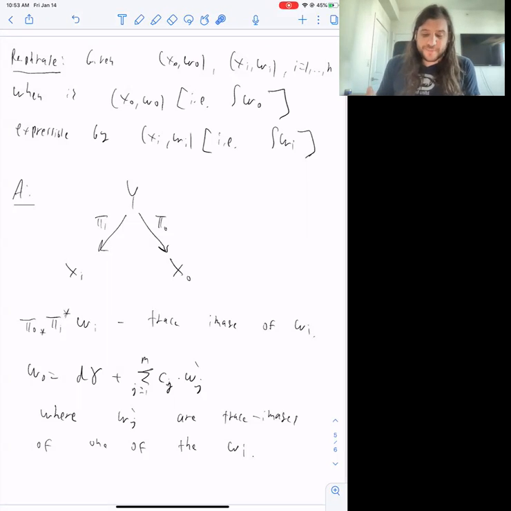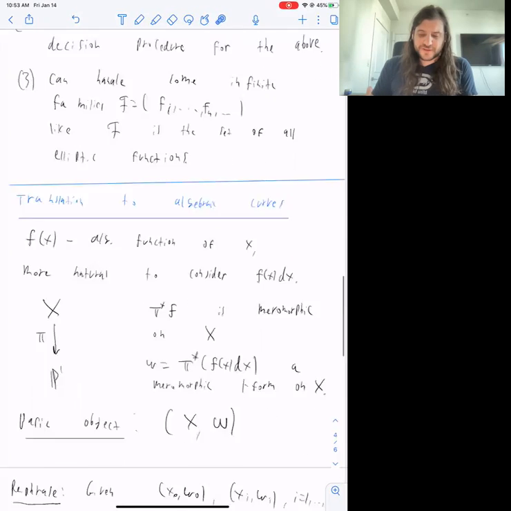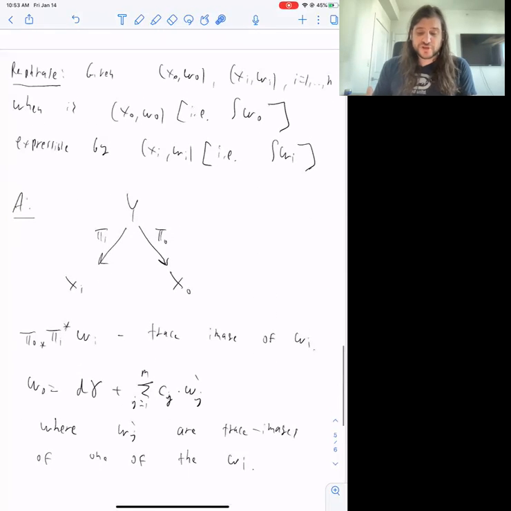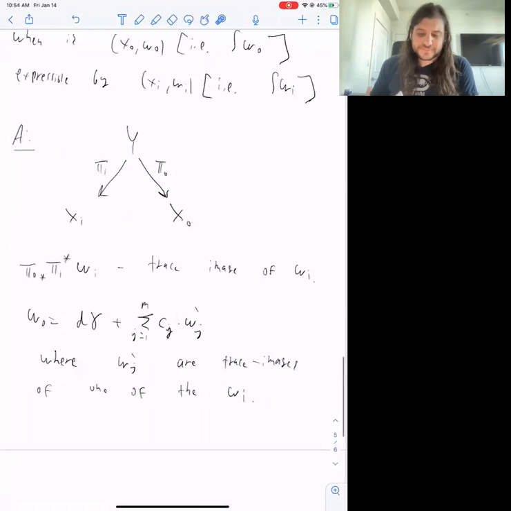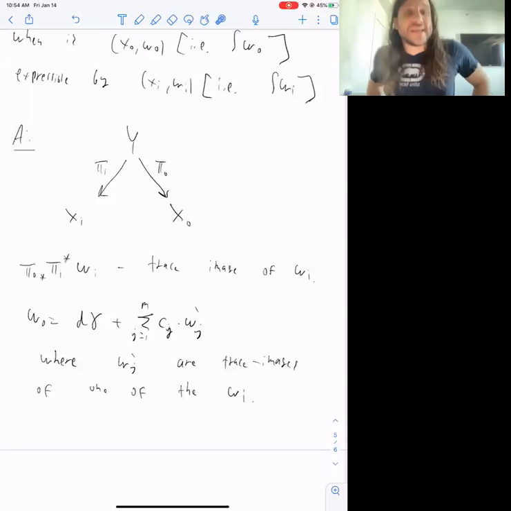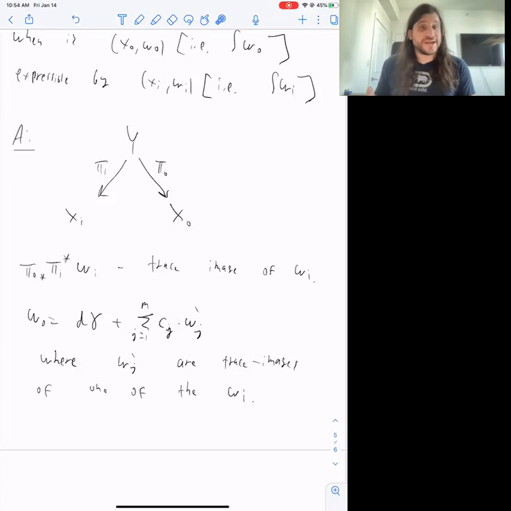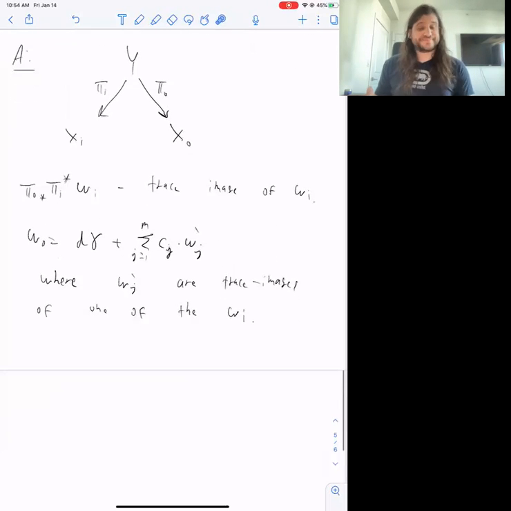But essentially what's happening is that the primitive of the trace image of omega i is just a sum of primitives of omega i under algebraic changes of variable. And moreover, you can add these things together. And the theorem is that that's all you can do. If you can obtain omega naught that way, then it's elementally integrable, and otherwise it's not.